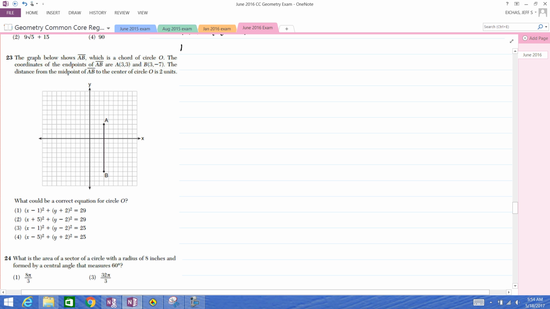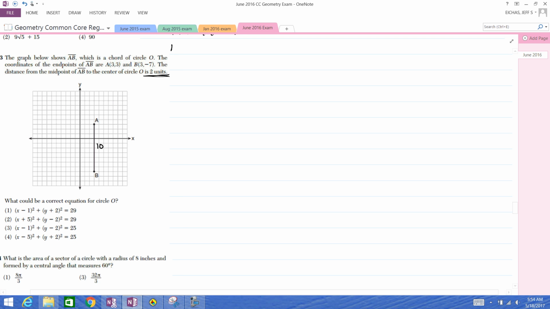Okay, 23, not fun. Got to read this carefully. What I noticed first was the length of just AB was 10. It's a chord that is pushed out of the center by 2 units.